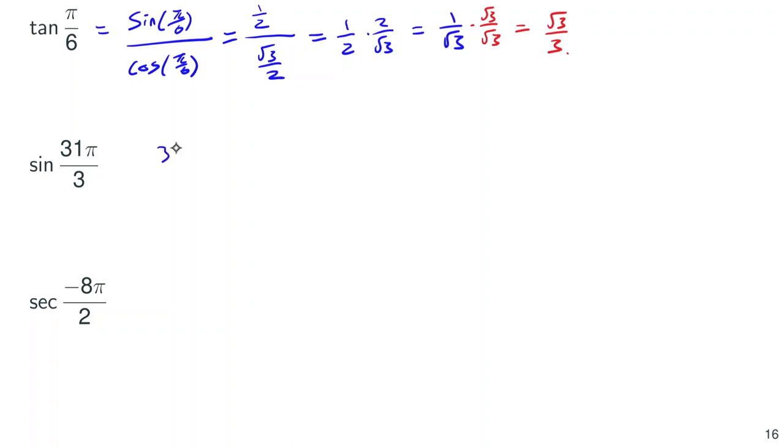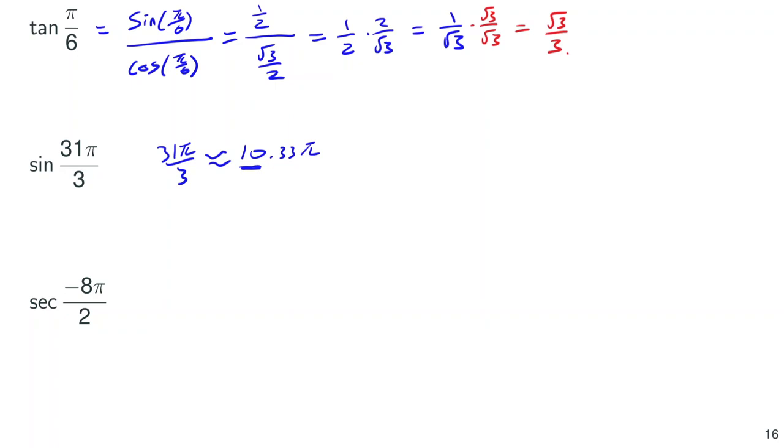We know that 31 pi over 3 is about 10.33 pi, so it's 10 and some decimal.